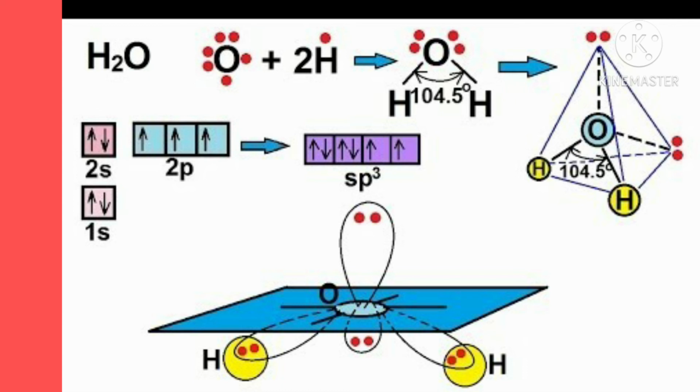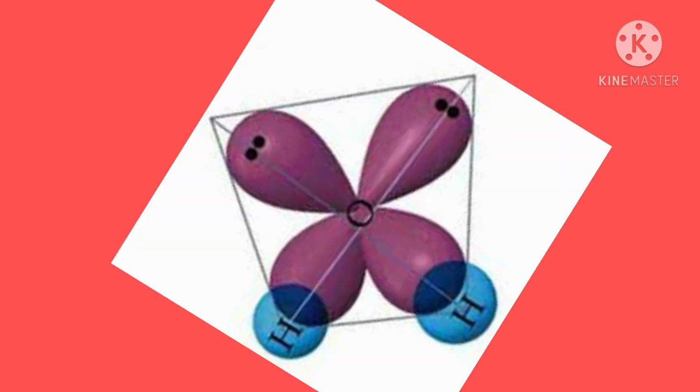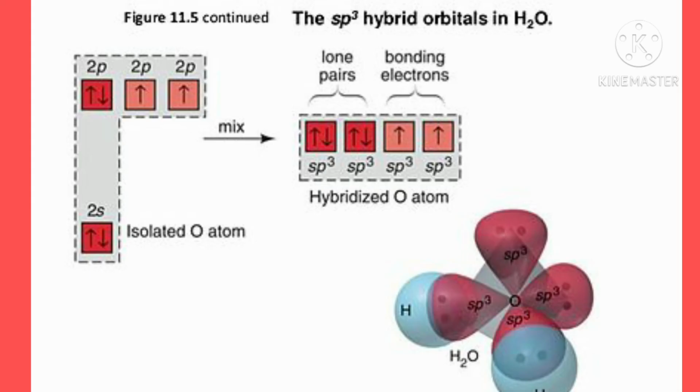Now the 2 sp3 orbitals of the oxygen atom overlap the s orbitals of 2 hydrogen atoms to give s-sp3 sigma bonds. Due to lone pair-lone pair repulsion and lone pair-bond pair repulsion, the bond angle decreases from 109 degrees 28 minutes expected for sp3 tetrahedral hybridization to 104 degrees 31 minutes.